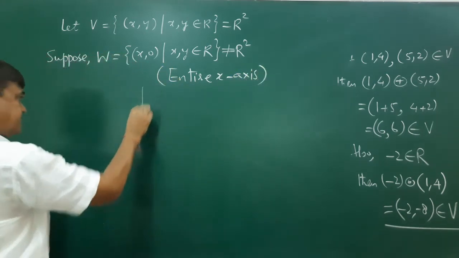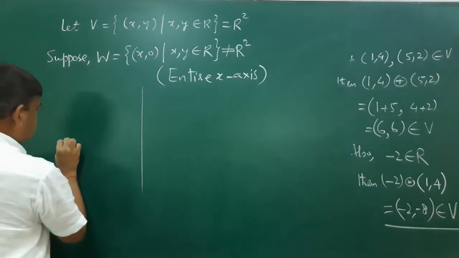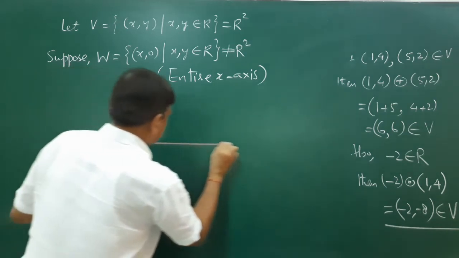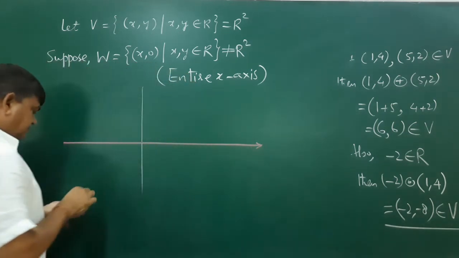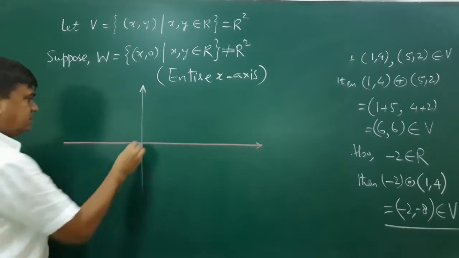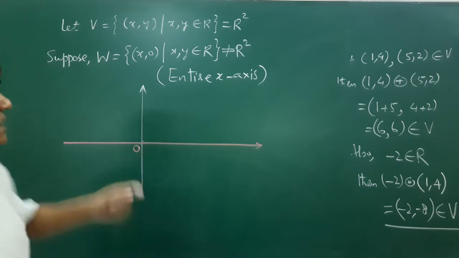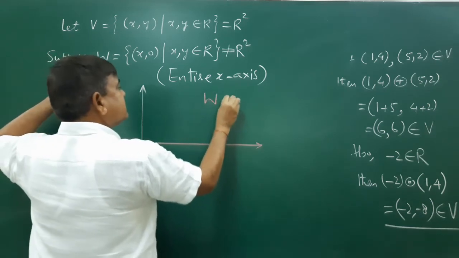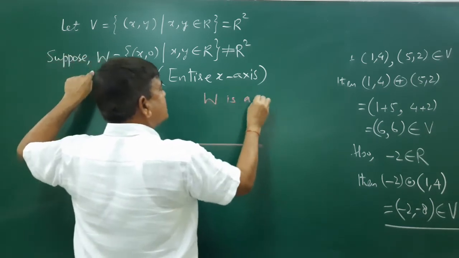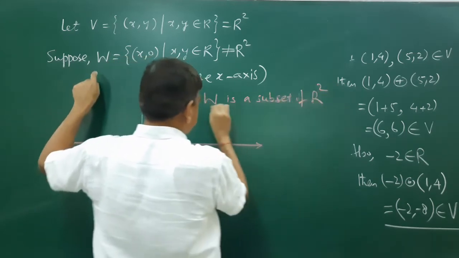That means it is like this. Here W is a subset of R square.